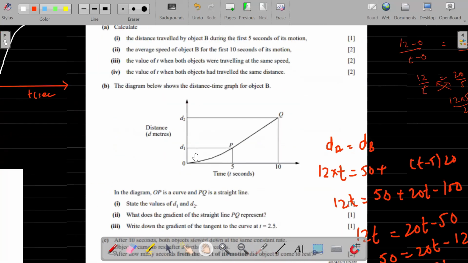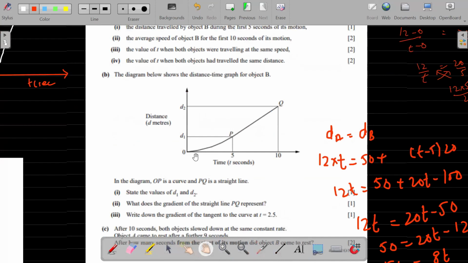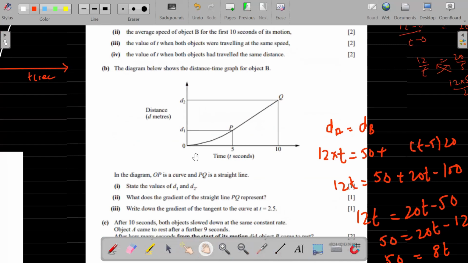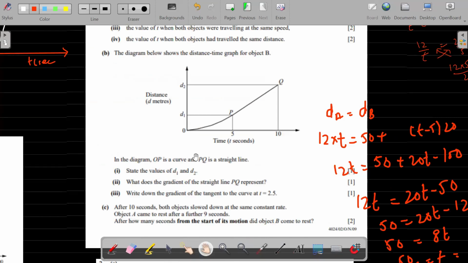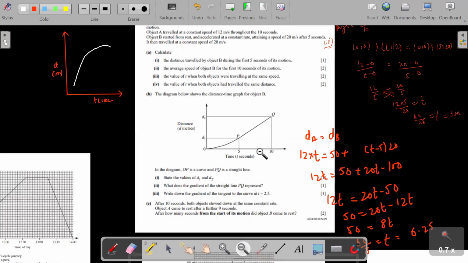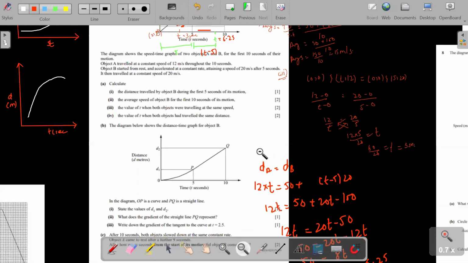Okay, the next part says that the diagram shows the distance-time graph for object B. In the diagram, OP is a curve and PQ is a straight line. What does the gradient of the straight line PQ represent? First, it says to state the values of D1 and D2.